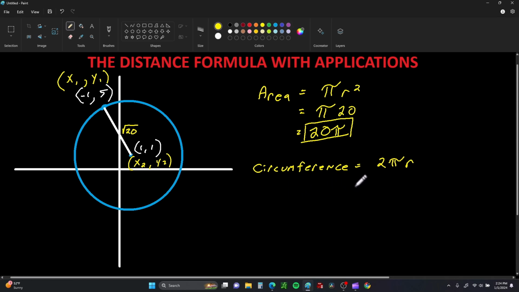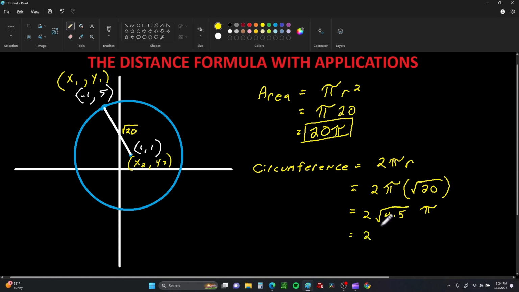And then for the circumference, we're going to have 2 times pi times the radius, which is the square root of 20. Now this is going to need some simplification, so I'm going to put the pi at the end. And then I have 2 times the square root of 20, which is the square root of 4 times the square root of 5.